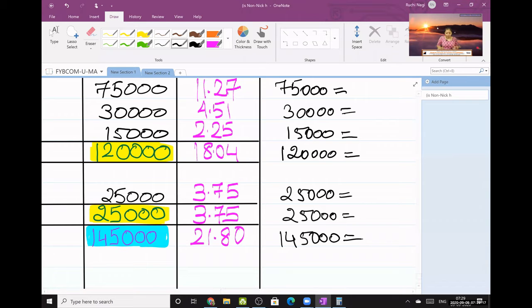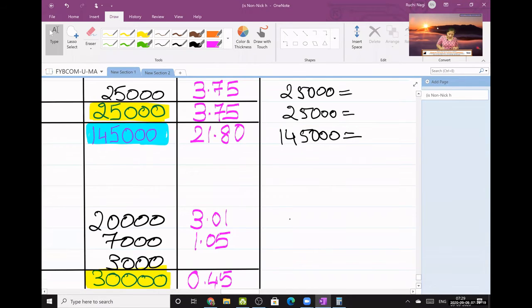Make it 80. And type 20,000 plus equal to, yeah, 3.007. You can make it 01. Then type 7,000 plus equal to 1.056. No, 1.052. 1.05.